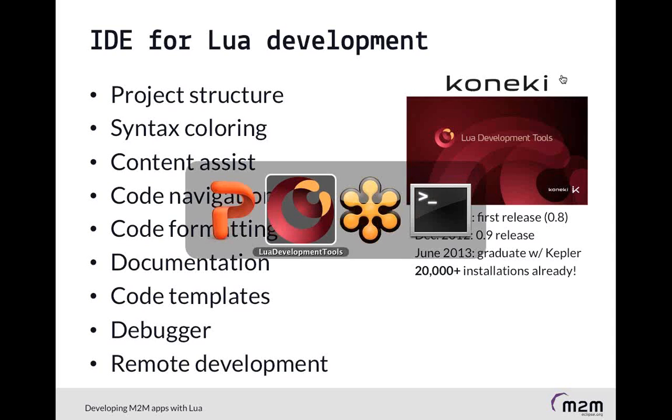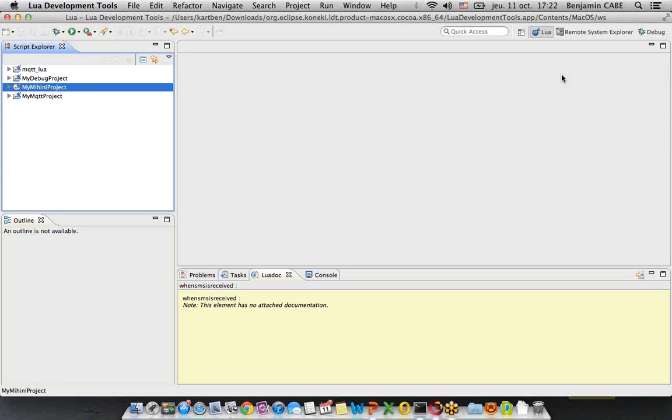So, demo. I have the Lua development tools here. I downloaded the standalone IDE, but of course you can use the P2 repository of Koneki and install the development environment in your existing Eclipse installation.